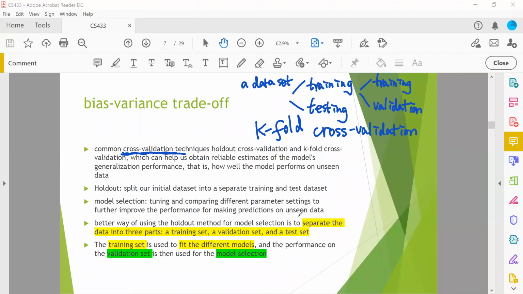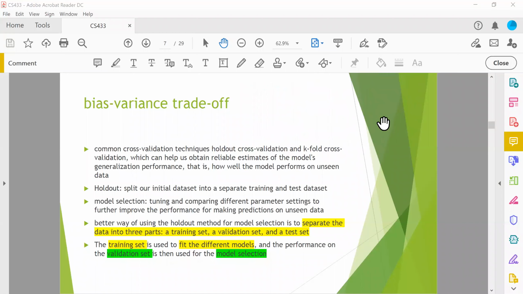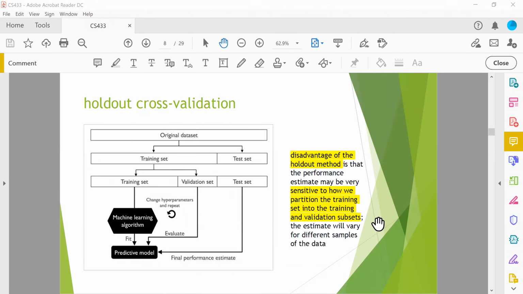So that's one way to try to find the bargain point, the trade-off between variance and bias, because the validation set is used for model selection. You try to find the best model.